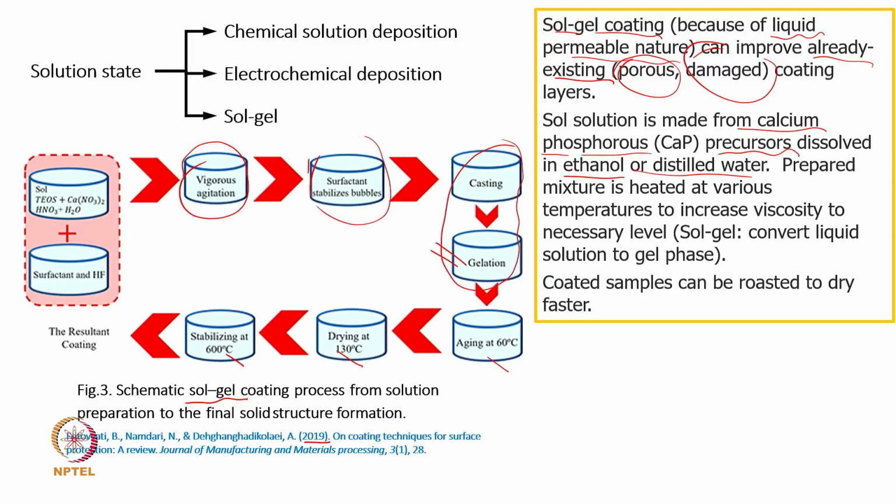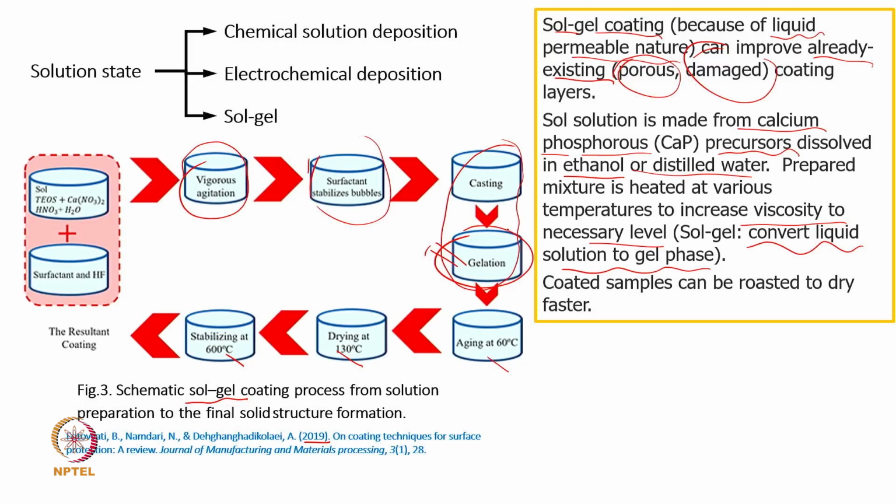Of course, we are using surfactant, so that the precursor does not get settled down, and as the temperature increases, viscosity also increases, and we convert the liquid phase to the gel phase, and that is what we call the gelation.